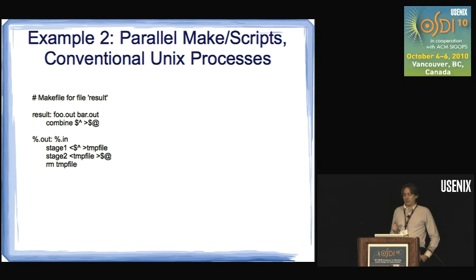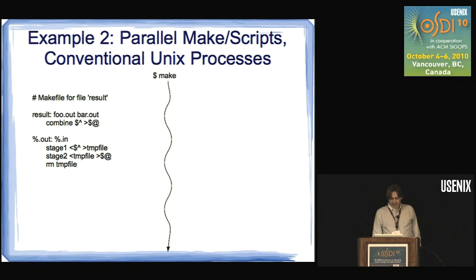Here's another simple but hopefully illustrative example of what this means in a file system context with process level parallelism. Suppose you have this simple makefile that compiles two program-ish things and then combines them into a result.